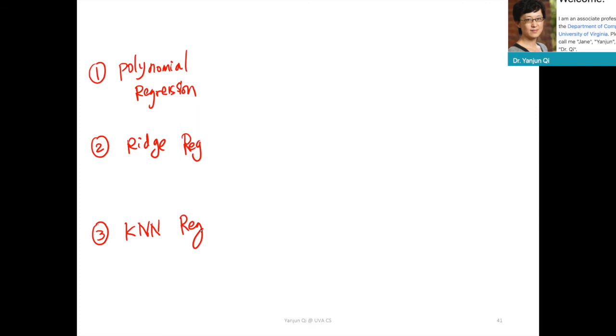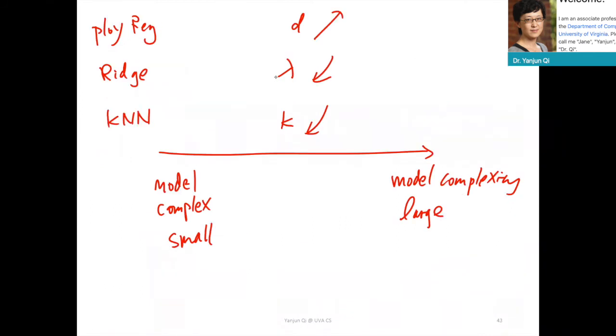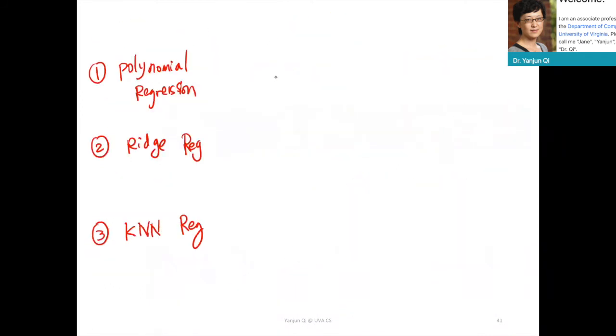If you still remember, for the polynomial model, its hyperparameter is d, the highest polynomial term. In ridge regression, it's lambda. In k-nearest neighbor based regression, it's k.